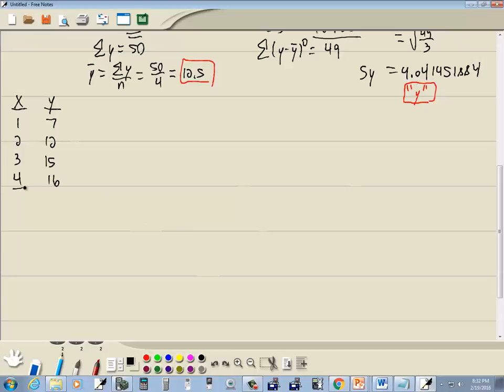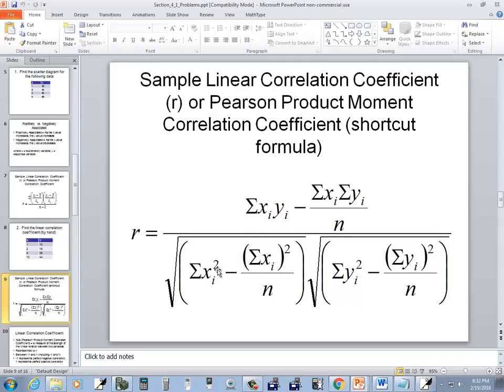That's easy. Sum of the x's, 7, 9, 10. Sum of the y's, 19, 24, 34, 40, 50. Sorry, those are so close to each other.